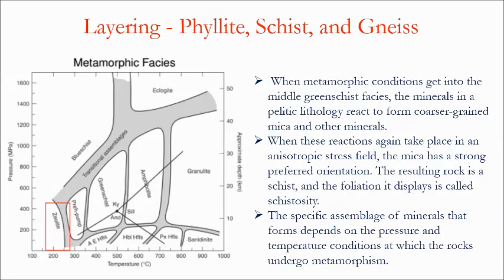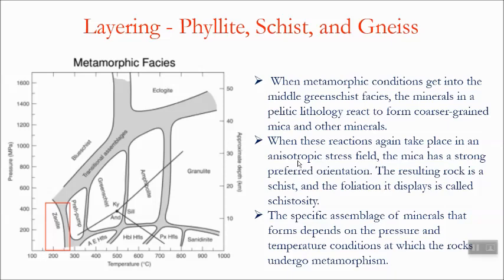After this, if the rocks are buried to a deeper level, then the pressure temperature of the rocks further increases, and this leads to the formation of new mineral assemblages, say in the middle greenschist facies. Here coarser grained mica becomes more stable, like biotite, and as the biotite kind of micas develop, the rock gets a darker color also.